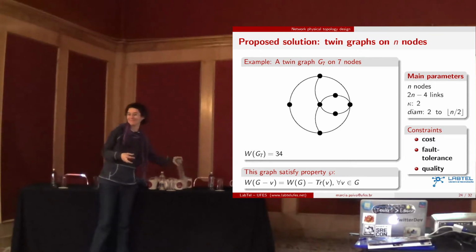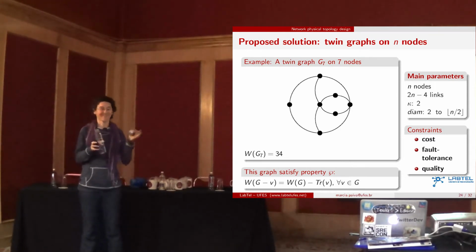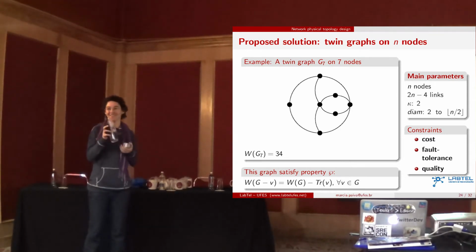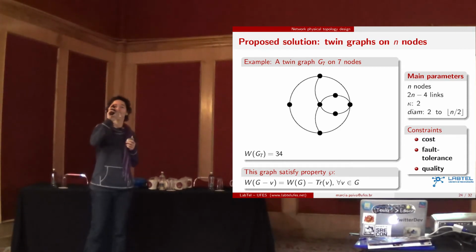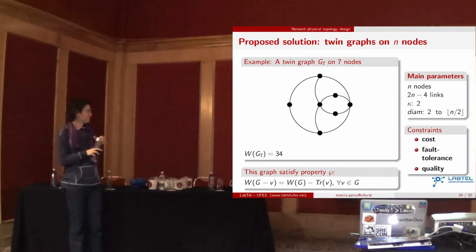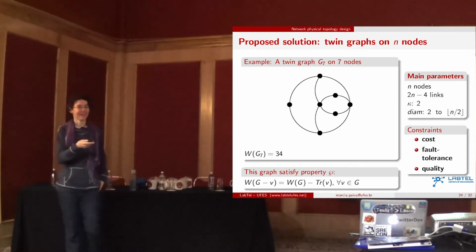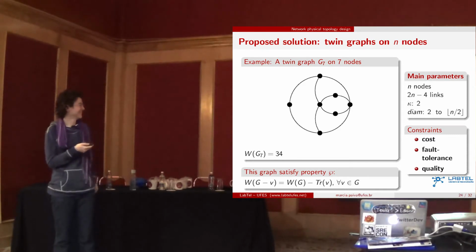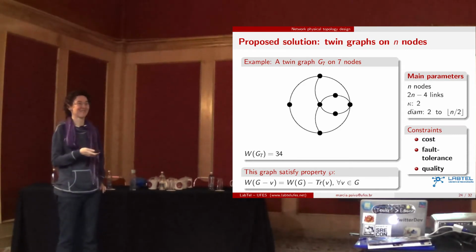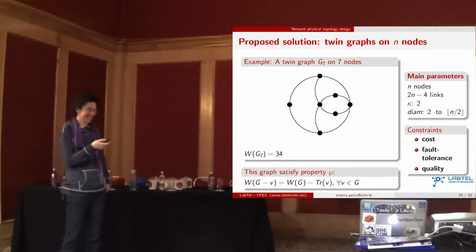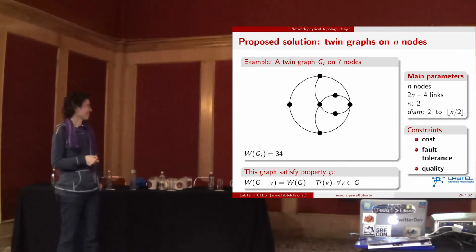Is it okay? If you have questions, you can ask any time. Did you find it? So for instance, from this node to this node, we have 1, 2, 3.